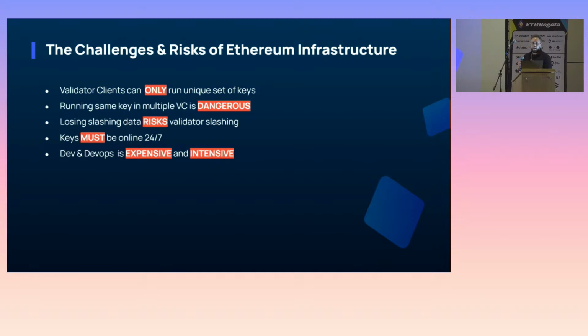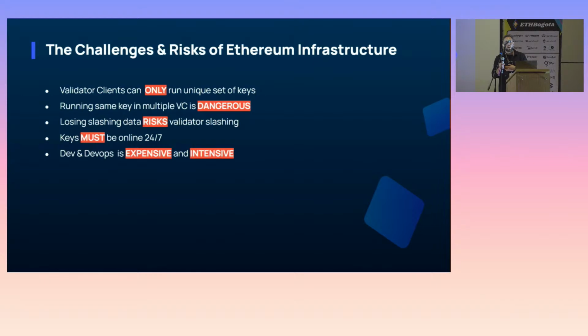Validator clients can only run a unique set of keys. If you try to run multiple validator clients with a non-unique set of keys, then you're risking being slashed almost for sure. So robustness through things like redundancy or backup is really hard to develop into the infrastructure of Ethereum. You also have to keep your past signatures of all the things you signed with your validator key in something called the slashing database.